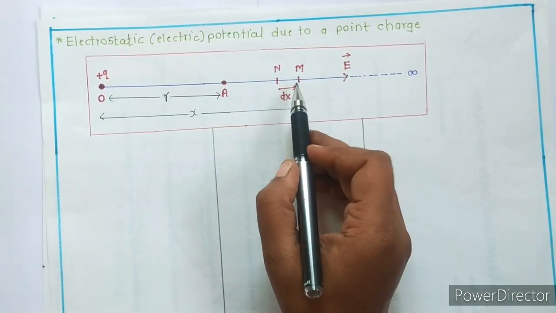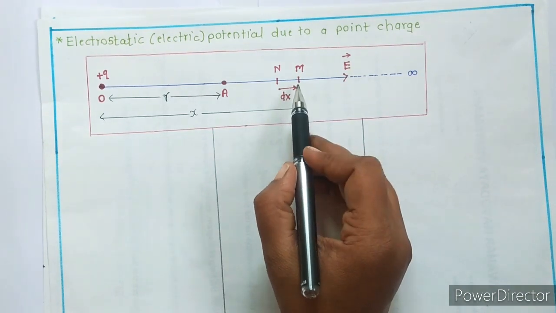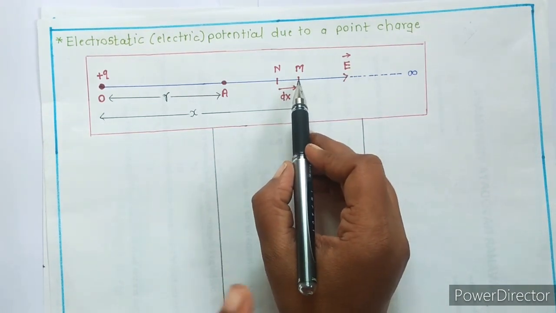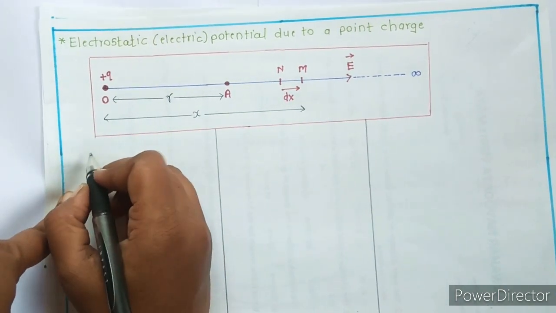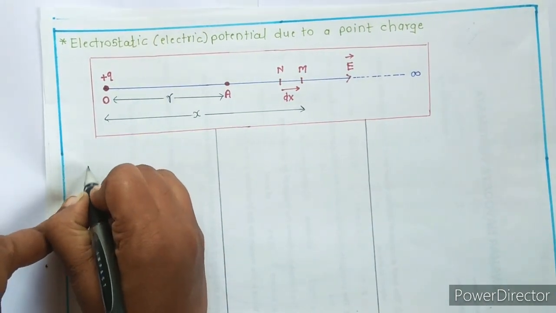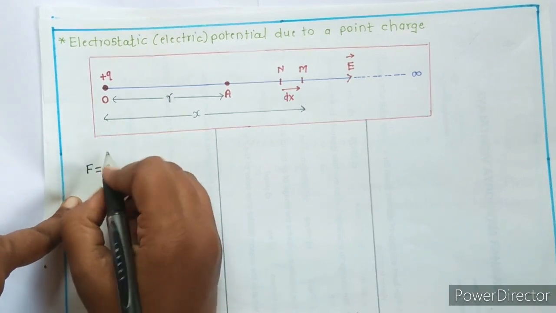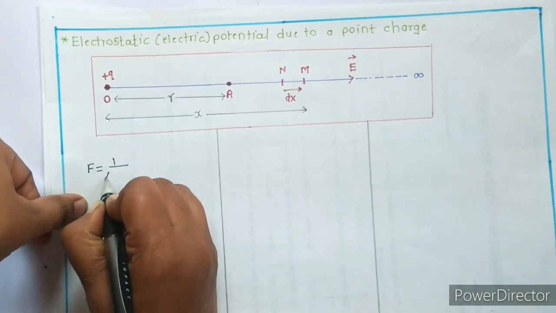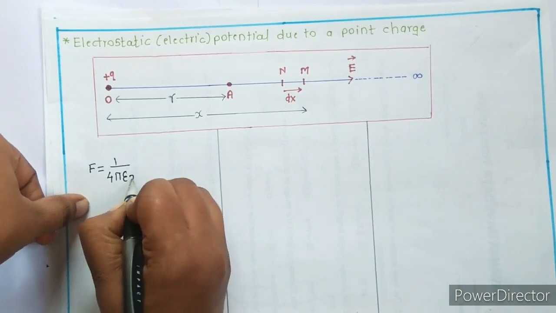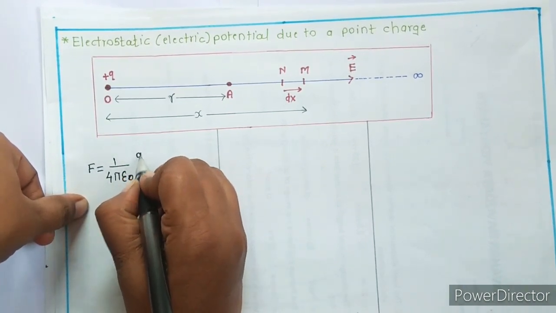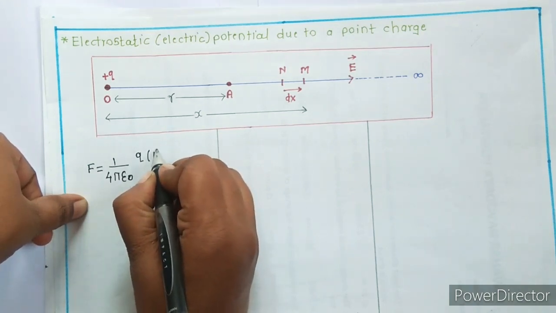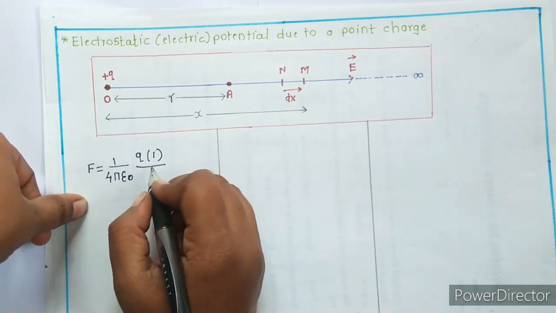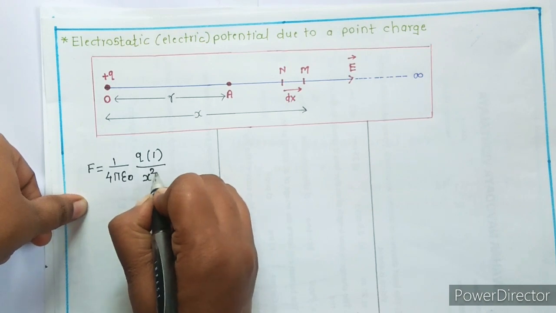Now the electrostatic force on a unit positive charge when it is placed at M is given by Coulomb's force, which is equal to what? F is equal to 1 upon 4 pi epsilon 0 Q Q0, and Q0 is a unit positive charge, so I will put 1, upon x square.